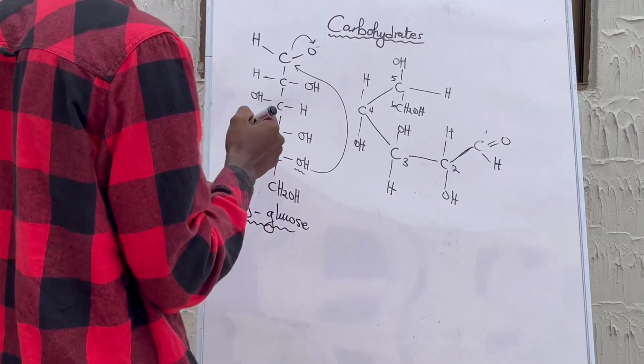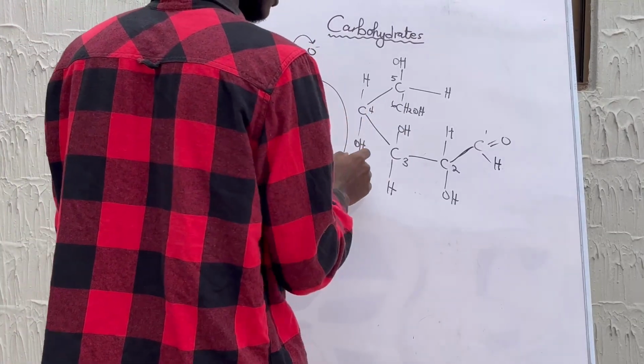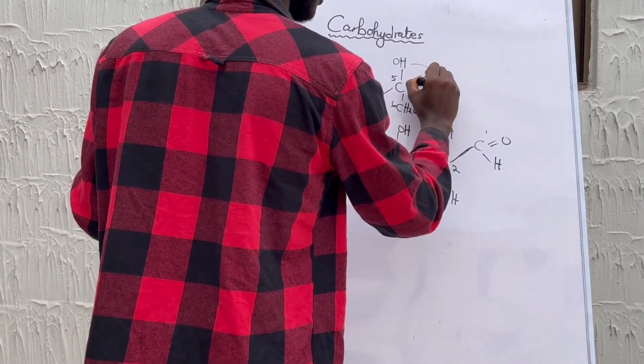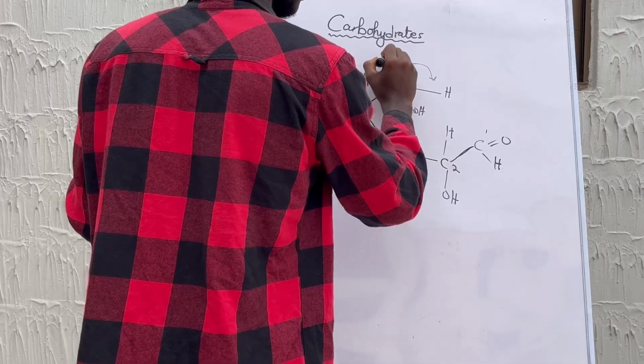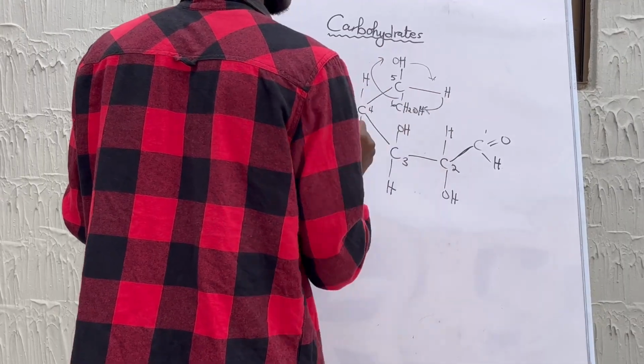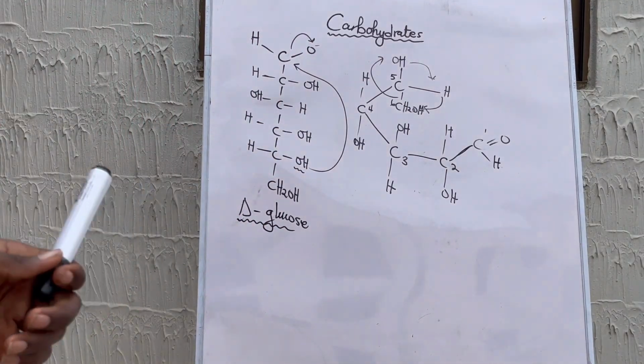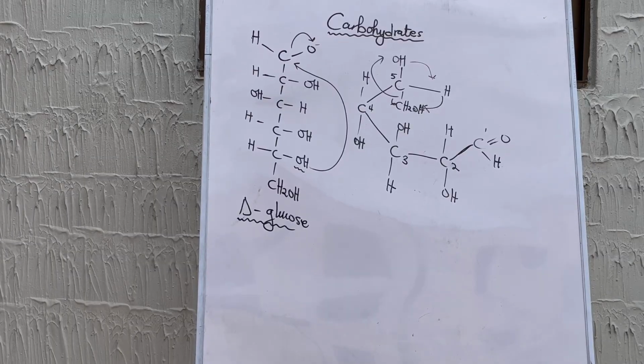So there's something called rearrangement, or a change in position. You are going to have this OH coming here, this CH2 going to this side, and this hydrogen coming here. Sorry, I have to clean and redraw it again.